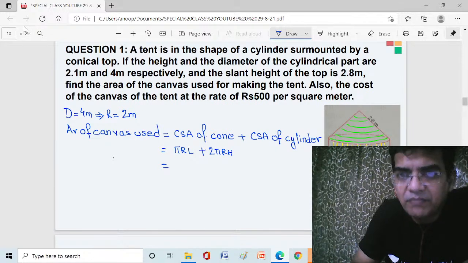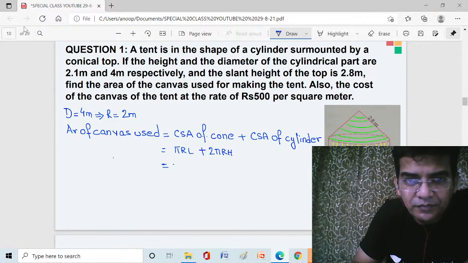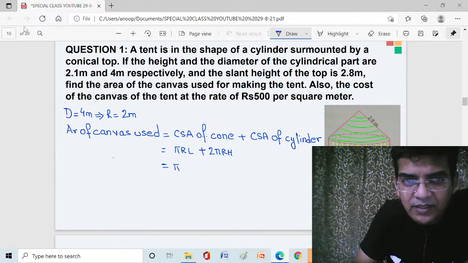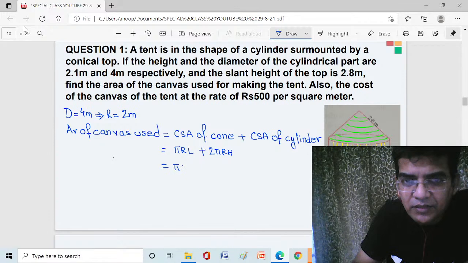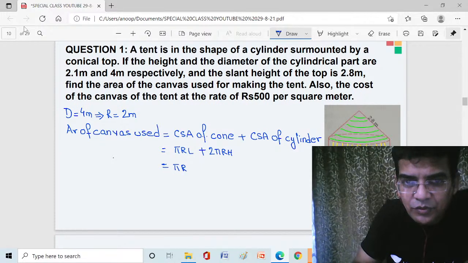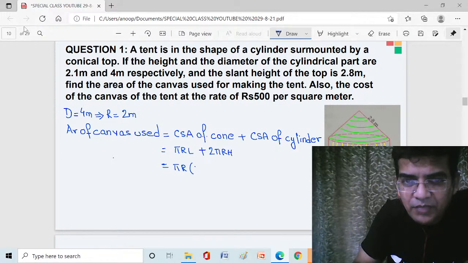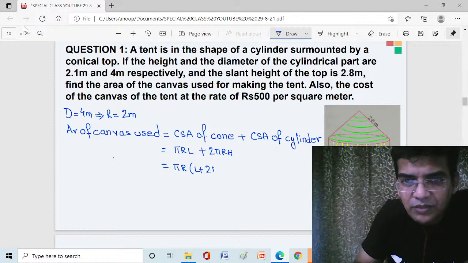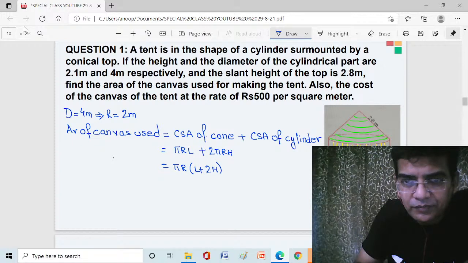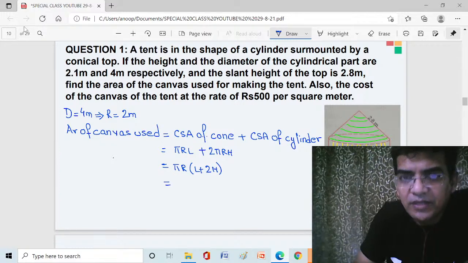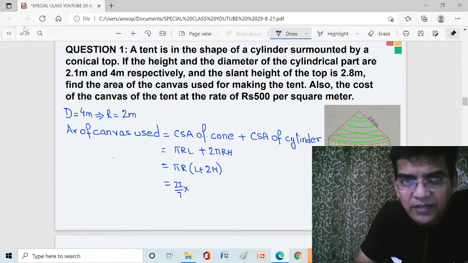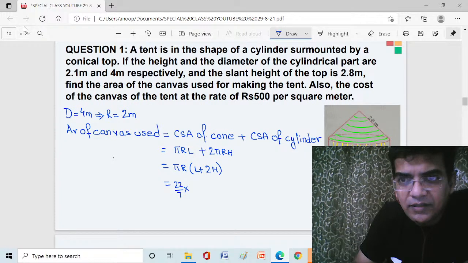We can take pi common, and as you can see the radius is the same for both, so you can also take r common. You will be left with L plus 2h. Now we can substitute the values. Pi is 22 by 7, radius is 2.